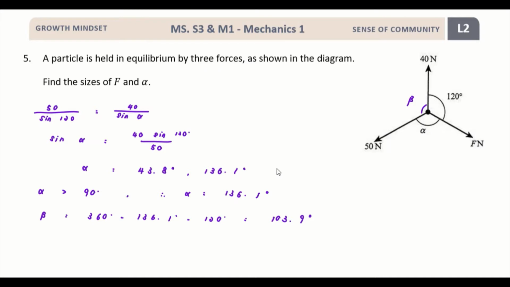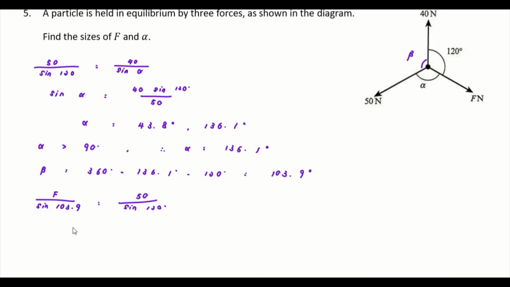So by having this, I can set up the other ratio, which is F over sine 103.9. It will be just equal to 50 over sine 120. Okay, so just by moving sine 103.9 to the other side, I'll be able to get F equal to 56.1 Newton in SI. Okay, so this is by solving with Lami's theorem.